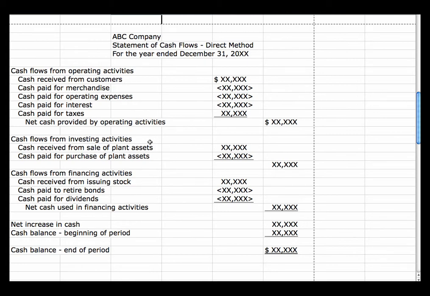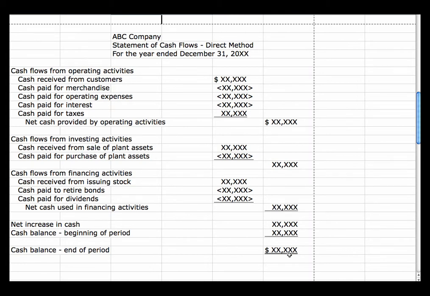Cash flows from investing activities are from the long-term assets section, and the financing activities are from the liabilities and the stockholders' equity section. Notice the format of this financial statement, in that we use dollar signs on the very first number in the columns, so we have it here and here, and then we use underlines and double underlines to note where totals are being made.